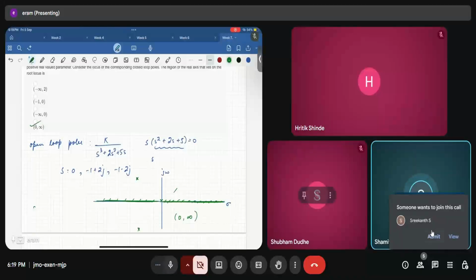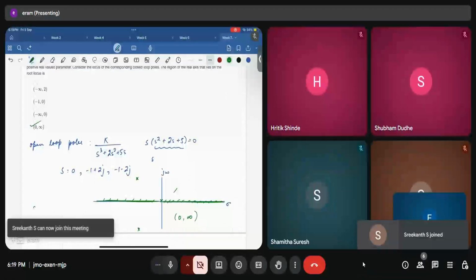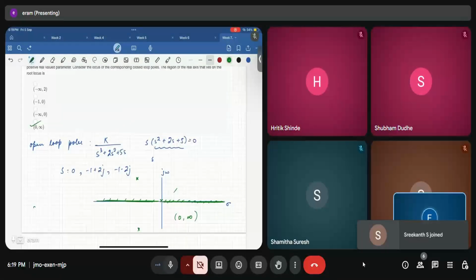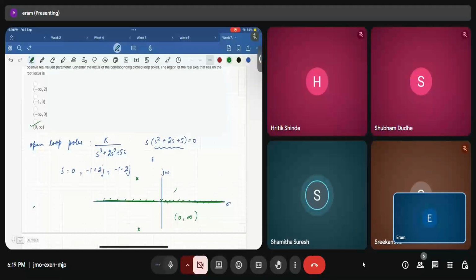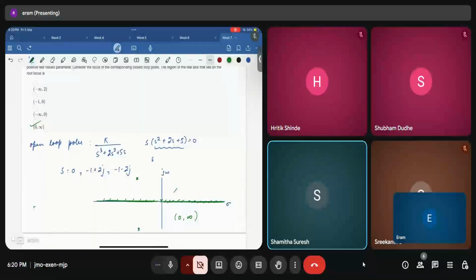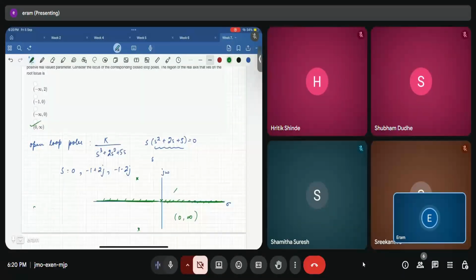Ma'am, how is it an odd number on the left of the line? Okay, we have to see the open loop poles and zeros lying on the real axis. If we see this part and look to the right of it, how many open loop poles and zeros are lying on the real axis?